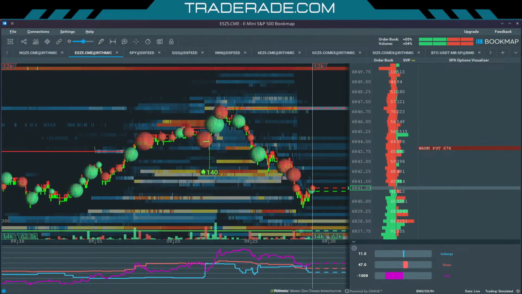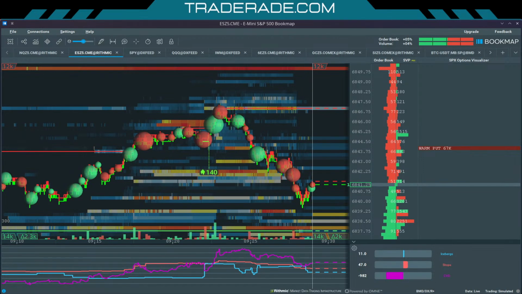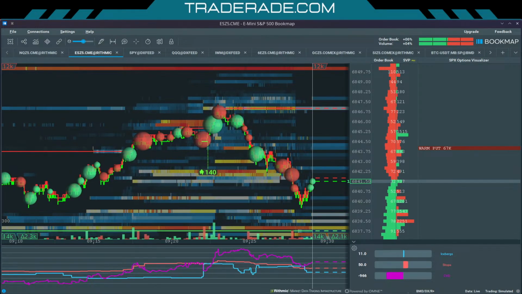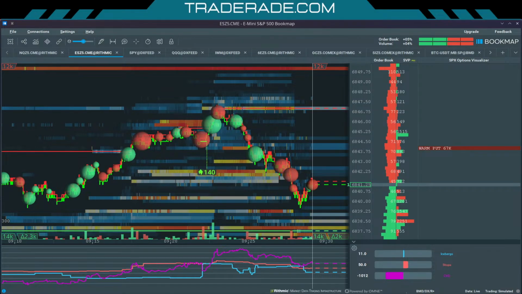A break above, building some acceptance, particularly on a closing basis, opens up 7,024 as an upside target for ES and 7,000 in SPX. That's where we are right now.